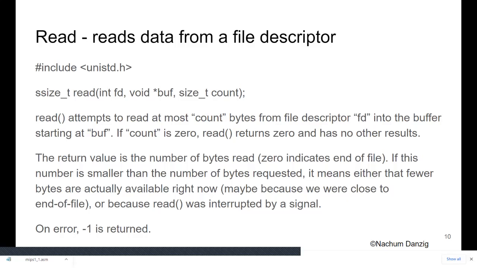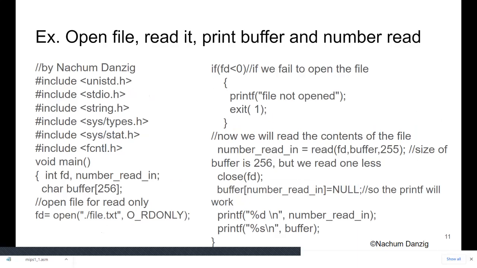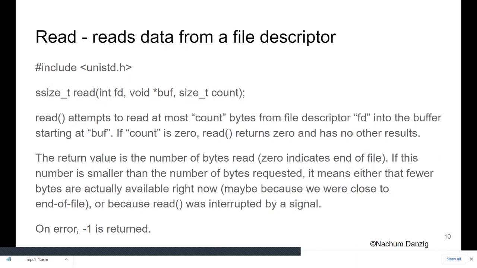But in order for the read to work, we need to know how big the buffer is. So we write here 500, if that's the size of our buffer. This is a pointer to the buffer. Of course, the buffer will be defined above in some kind of array that I made. We'll see an example. And this is the file descriptor I got.